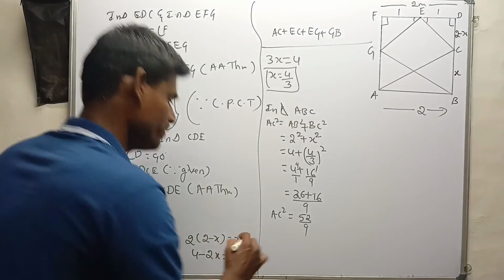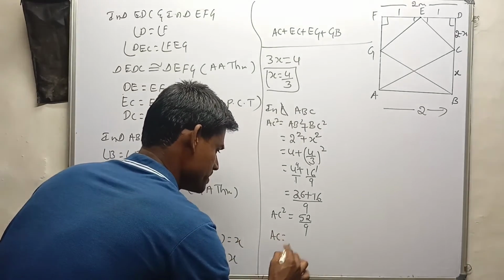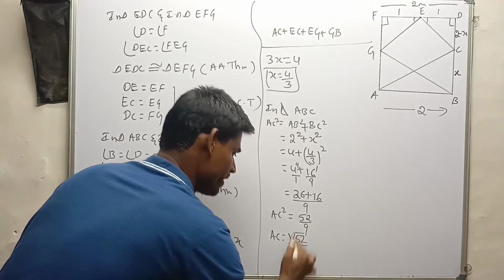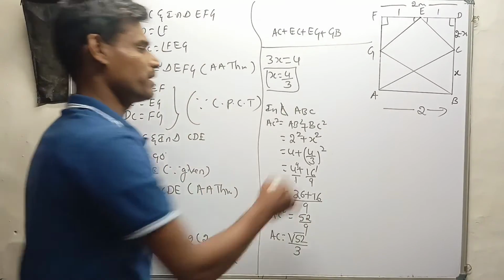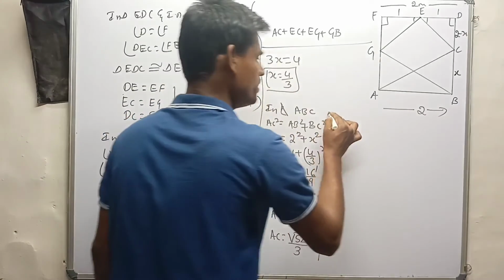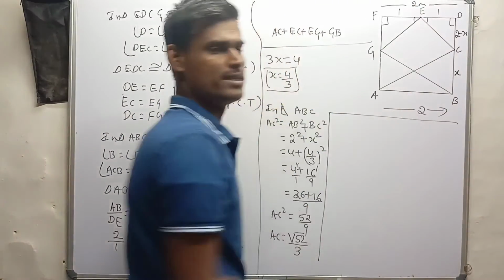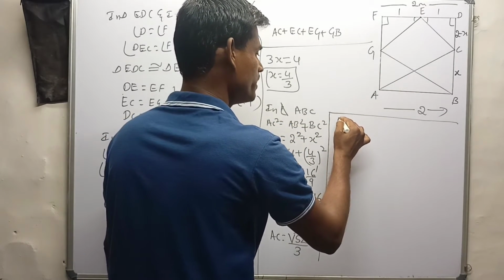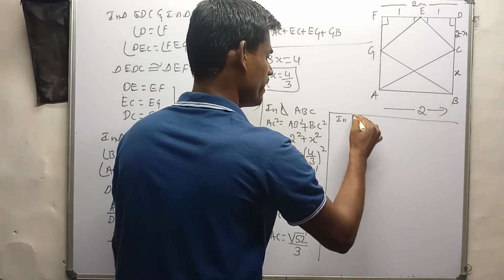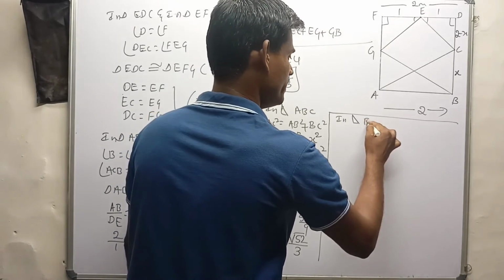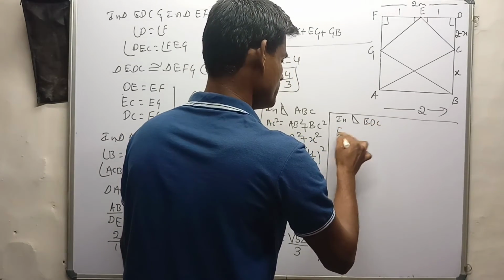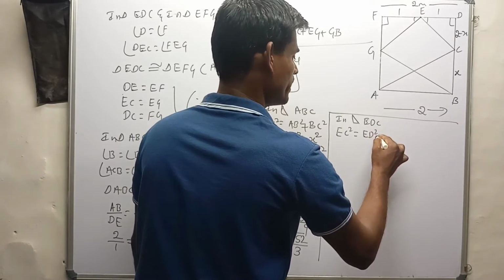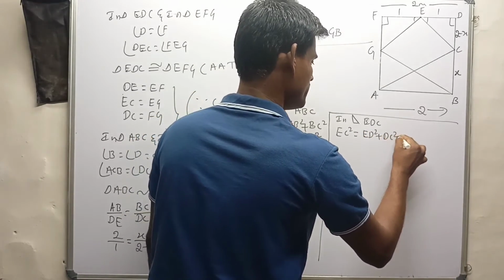Let's calculate the length of AC. So AC equals square root of 52 divided by 3. Similarly, let's try to find out the length of EC. So here also, with the help of Pythagoras theorem, in triangle EDC, we can write EC square equals ED square plus DC square.